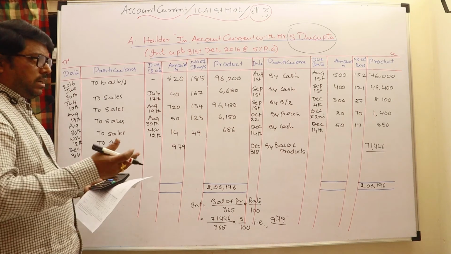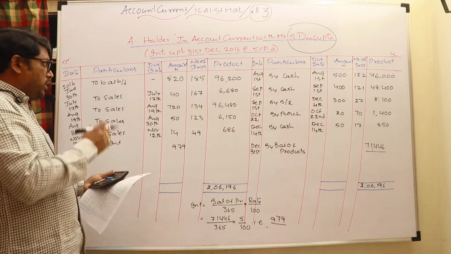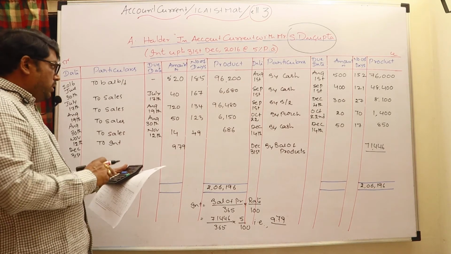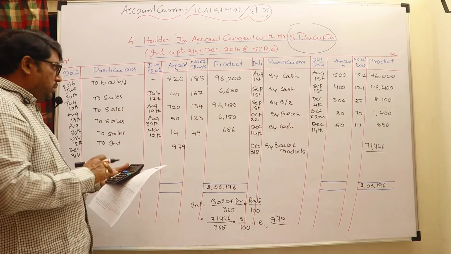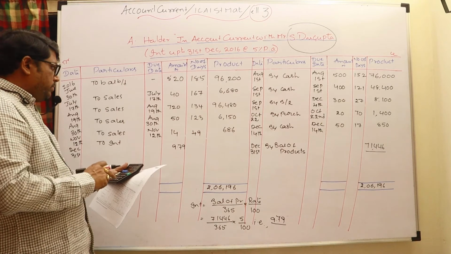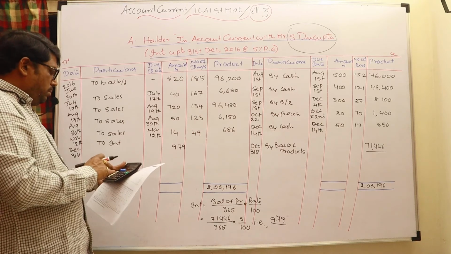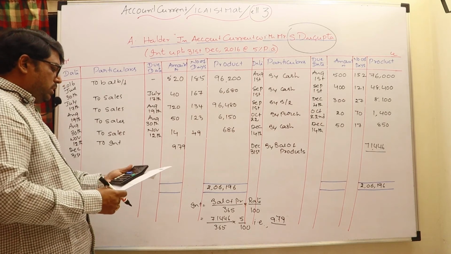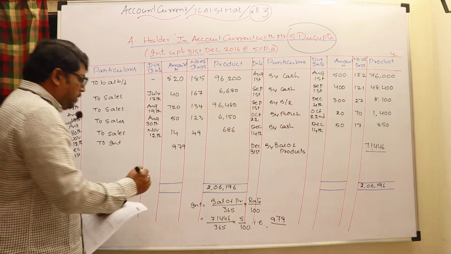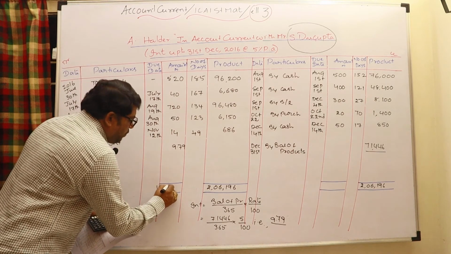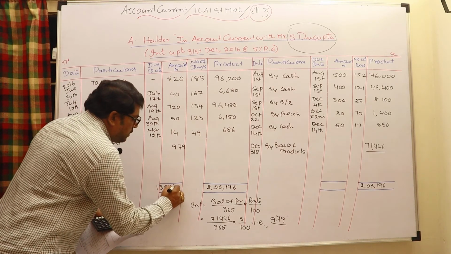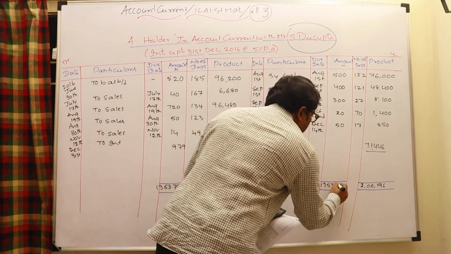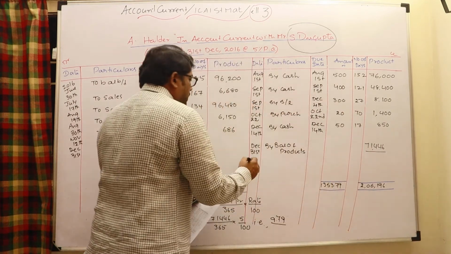Yes, you can balance the amount column right now. First let us go to the debit total of amount: 520 plus 40 plus 720 plus 50 plus 14 plus 9.79. The total is 1353.79. Let us get the balance.